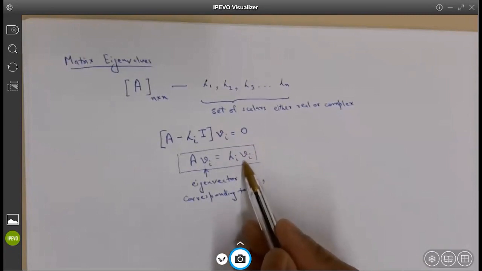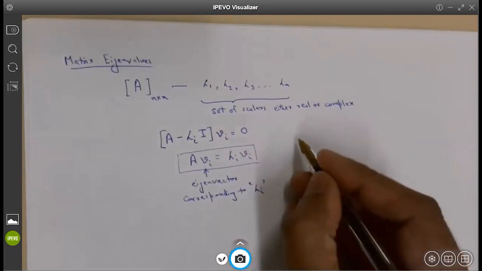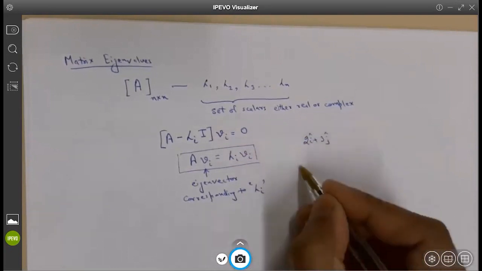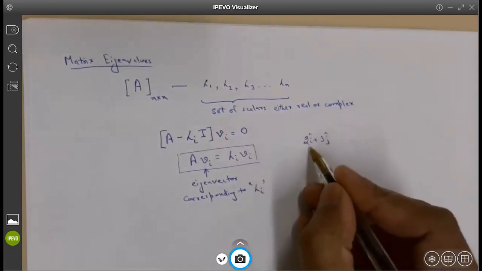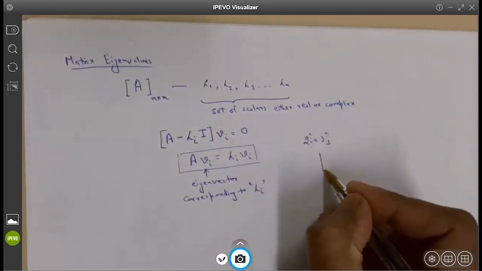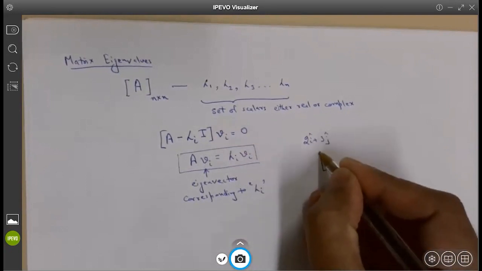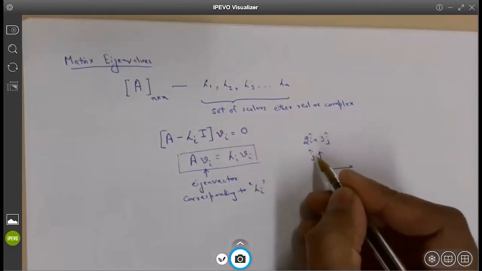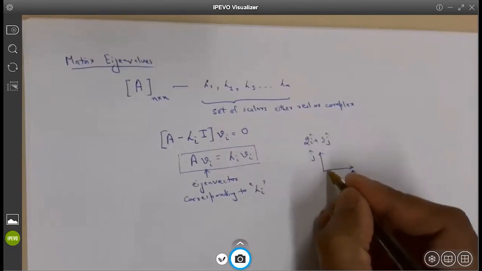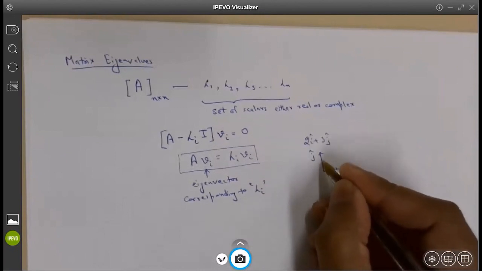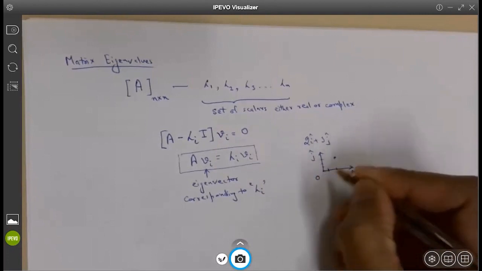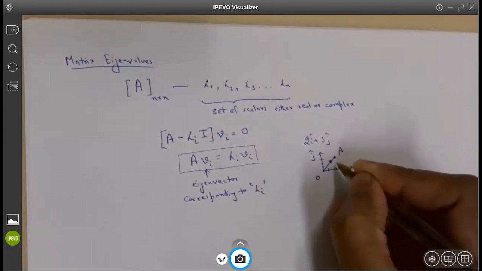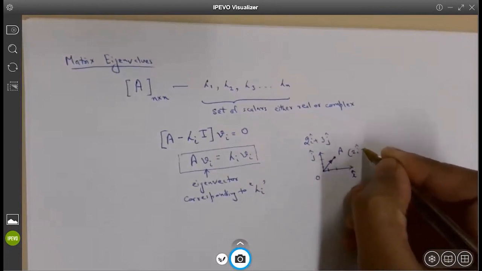Think of a vector as a direction. For example, 2i plus 3j is a vector given by this representation, where i and j are the unit vectors: i is the unit vector in the horizontal direction, and j is the unit vector in the vertical direction. 2i plus 3j means a vector OA which points from the origin to the coordinate (2, 3).